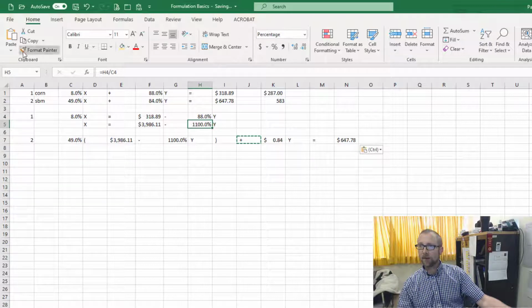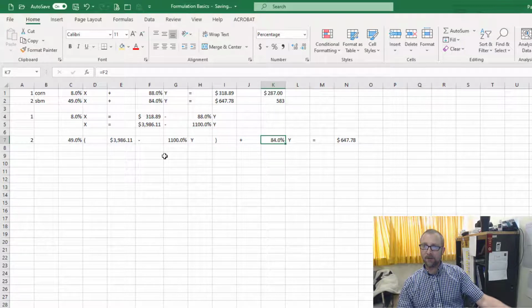Sorry, I'm just going to take the format painter here and paint that one so it looks the same. Okay, so now we have this equation. We've taken this x right here and substituted that into that x up there. So now we can multiply this 49 out across this.